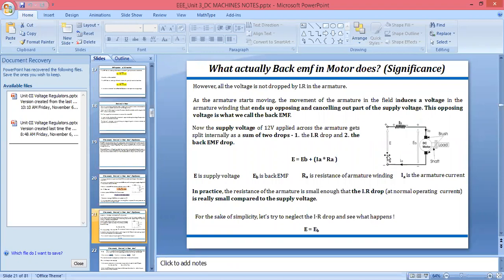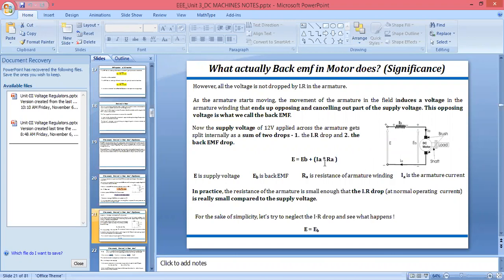So the total EMF, total voltage, will be E equal to back EMF plus the drop across the resistance, and we can calculate the value of current. That EMF will be I into RA.